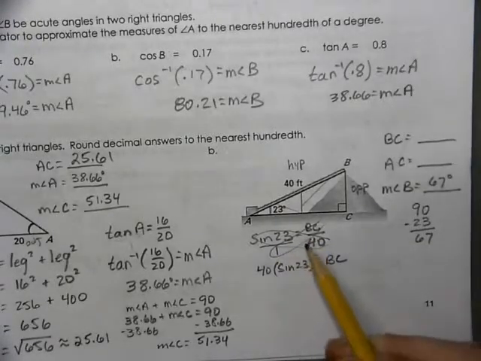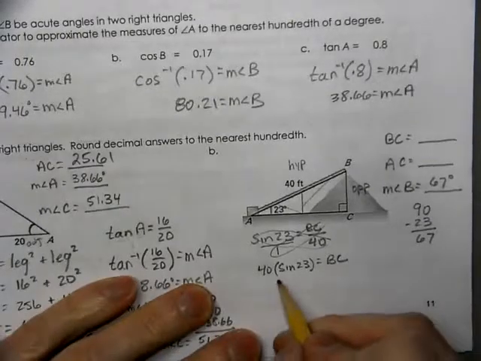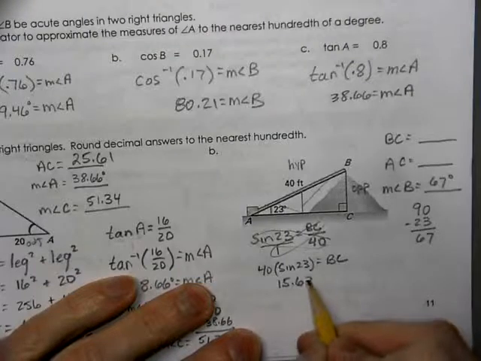So we cross multiply to solve for BC, and using our calculator we can come up with 15.63.